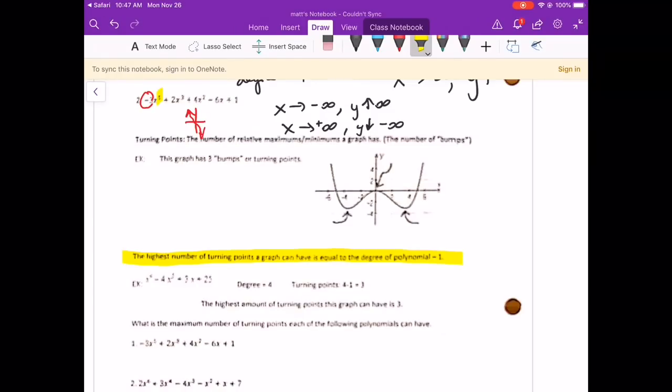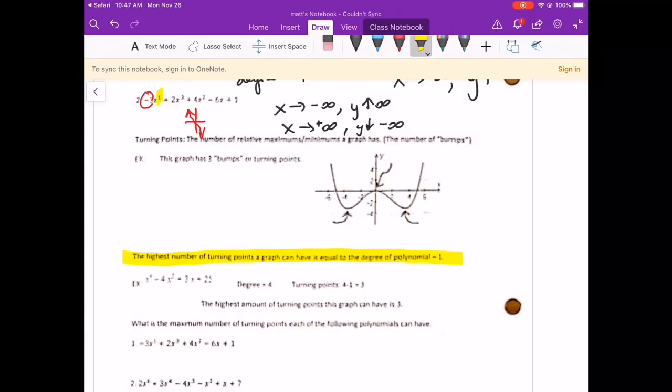The highest number of turning points a graph can have is equal to the degree of the polynomial, so the highest power, minus 1. So if the degree of your polynomial is 8, then the highest number of turning points that it could have would be 7, because 8 minus 1 is 7.